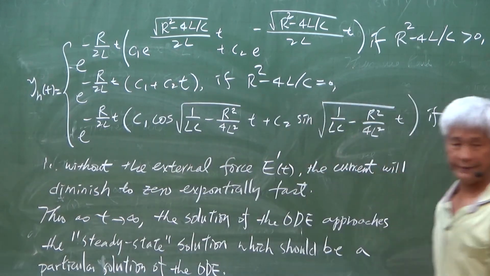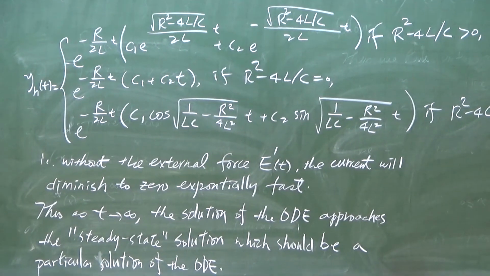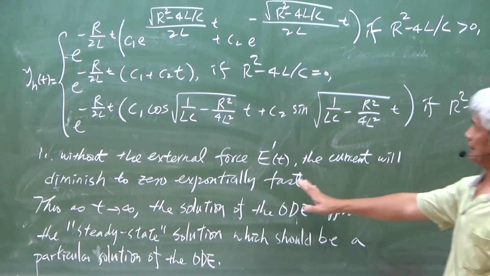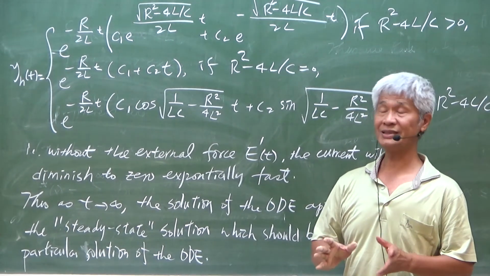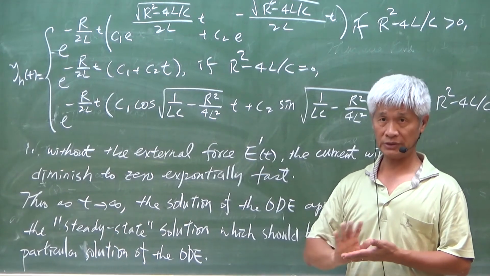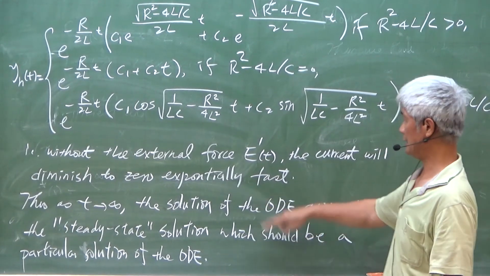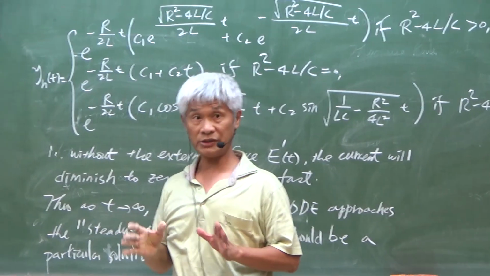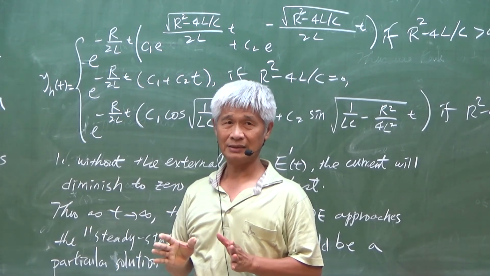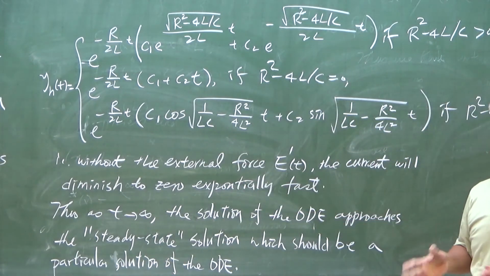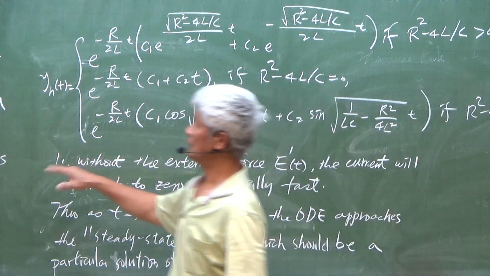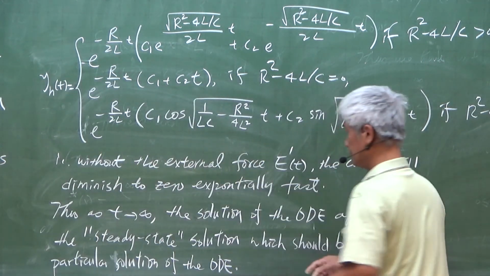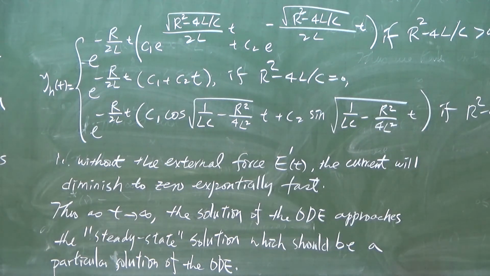So we will focus on the steady state solution. Basically, in circuit theory, we usually study the steady state solution of the circuit. So we will ignore the homogeneous solution because it is transient and goes to zero exponentially fast. And so we will only study the steady state solutions. Okay, I'm running out of time and I will continue the topic on Thursday.